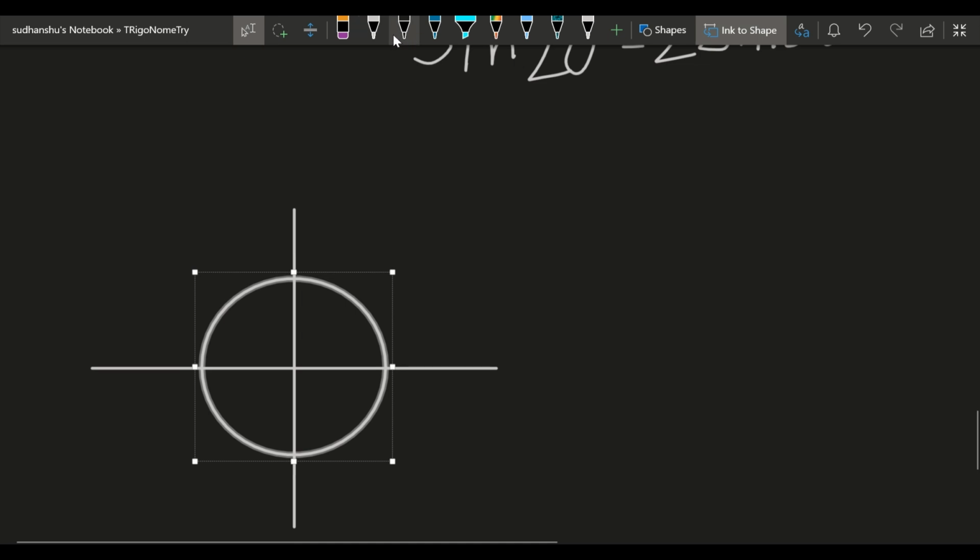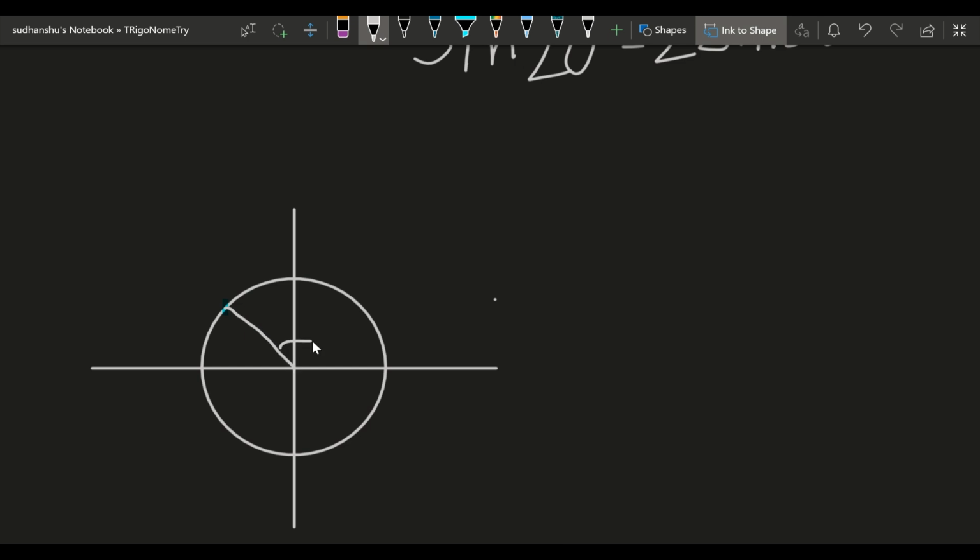So now, if in this circle, I tell you that you have to tell me about this point, okay? This point rather, I mark with a marker. This point, if you want to tell me about, what will you do? See, we have already gone through this process, right?